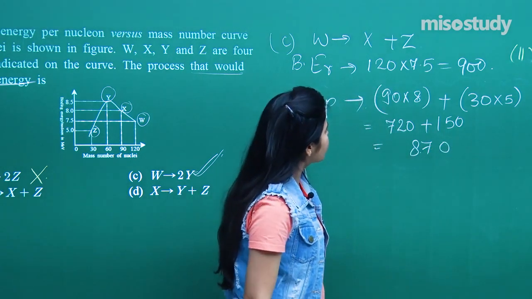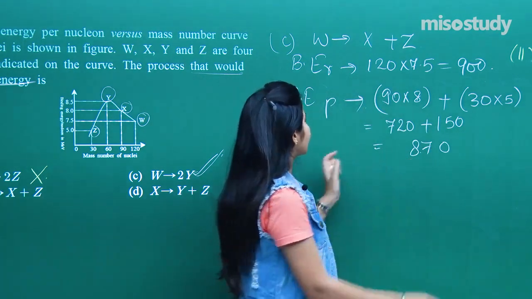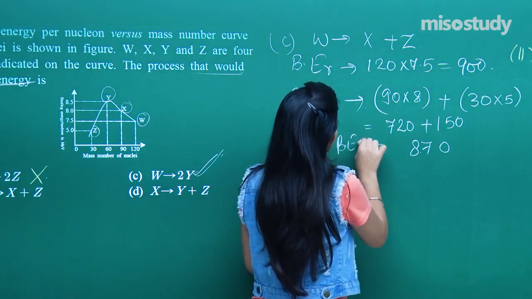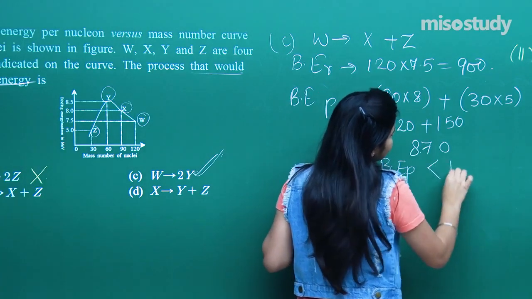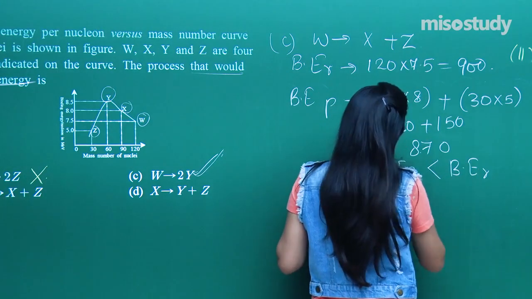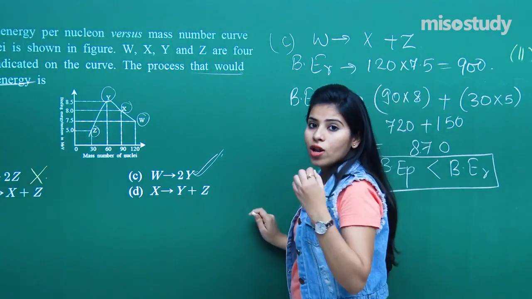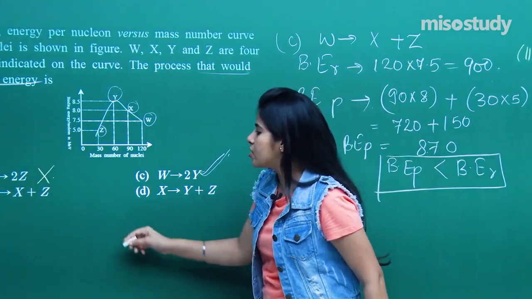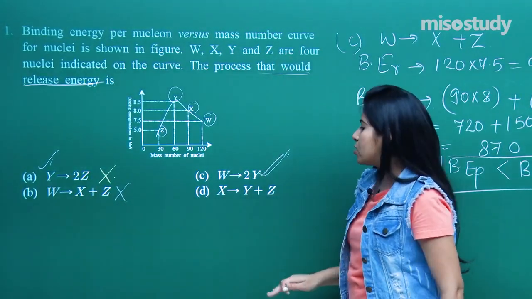So you are having your answer as 870, which is the binding energy of product. Now you can see here, binding energy of products is less than the binding energy of reactants. So that means this cannot be the correct answer. There will not be any release of energy in this case. This is the wrong option.